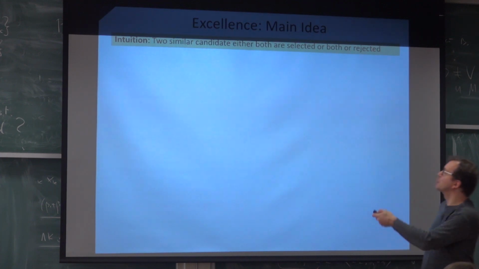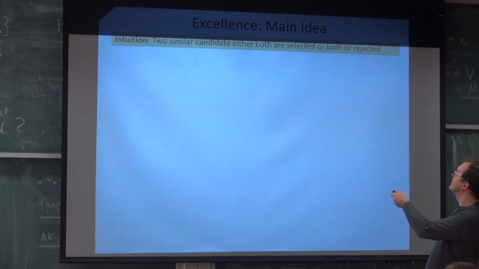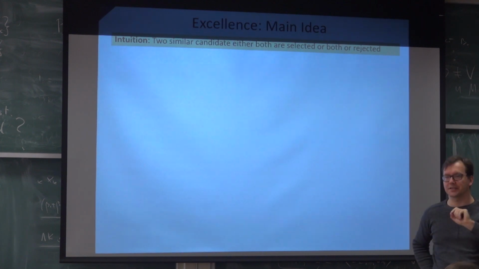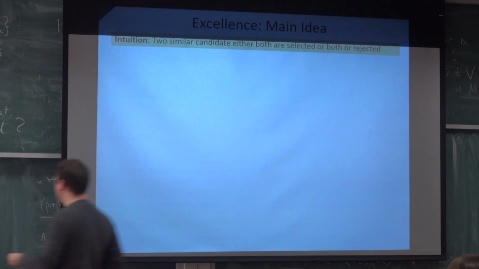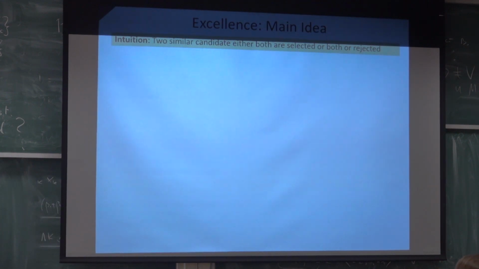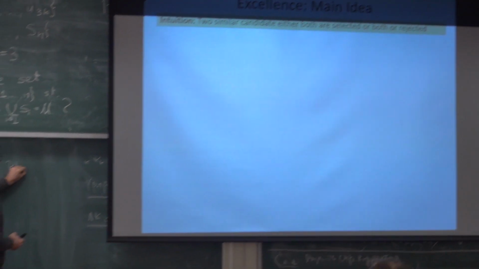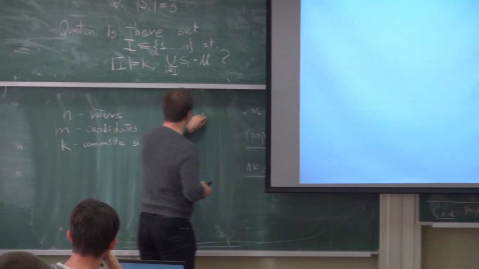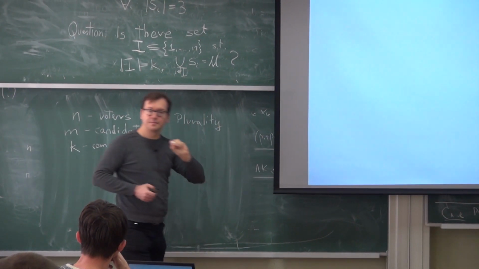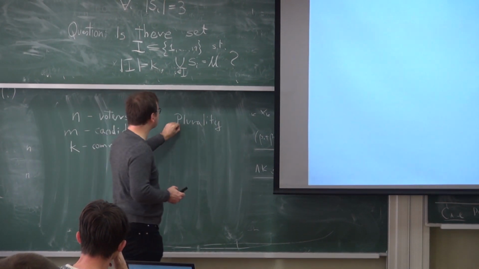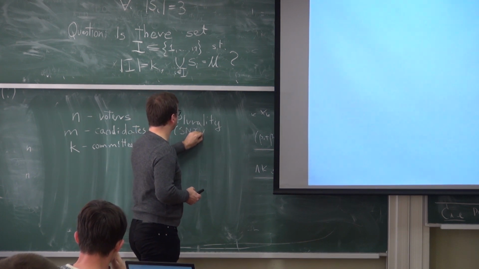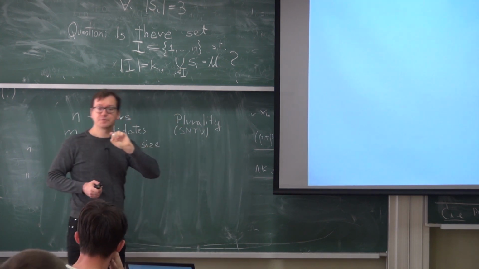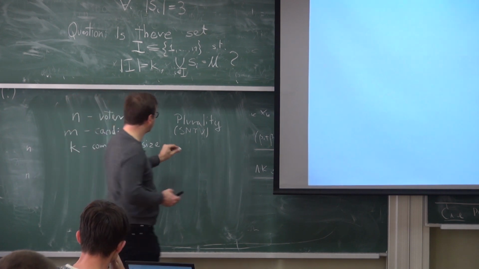We want a voting rule where two similar candidates are either both selected or both rejected. We've seen several voting rules. We've seen plurality. That was yesterday. In the multi-winner setting, it's called SNTV, single non-transferable vote. This simply means we're choosing whoever gets the most votes. We can imagine K-Borda.